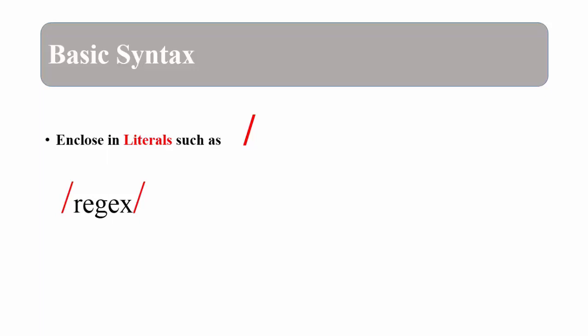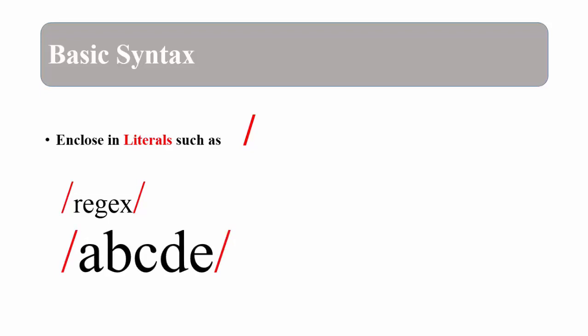For example, if you have a regex like ABCDE, then it will look like this: a forward slash at the beginning before A, then B, C, D, E, and then a forward slash at the end of your regular expression. Now let's see this basic syntax in our regex tester.